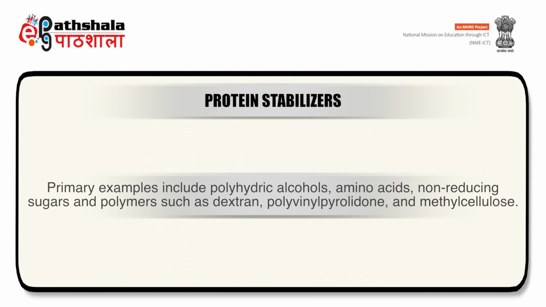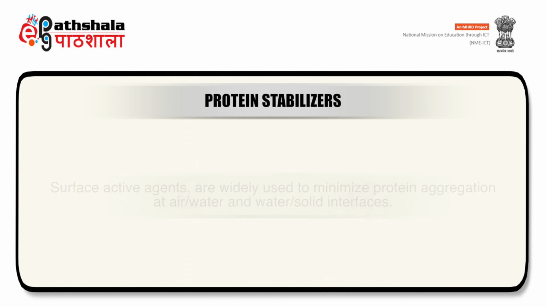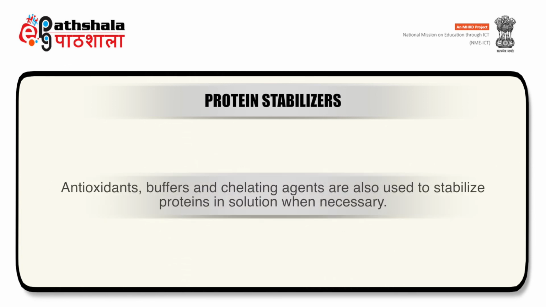Primary examples of protein stabilizers include polyhydric alcohols, amino acids, non-reducing sugars, and polymers and methyl cellulose. Surface active agents are widely used to minimize protein aggregation at air-water or water-solid interfaces. Antioxidants, buffers, and chelating agents are also used to stabilize proteins in solution when necessary.